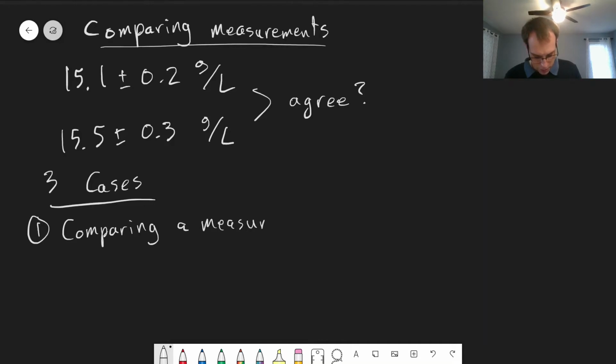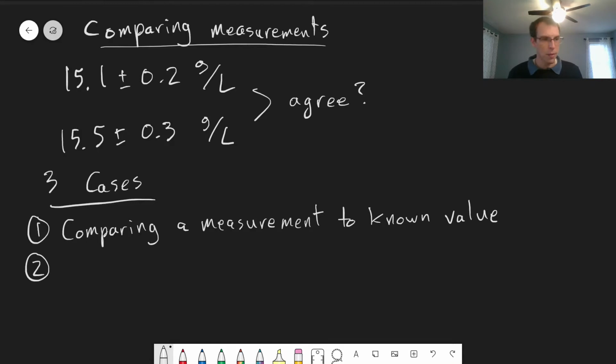You measure something where the concentration is already known from either previous measurements or it was prepared with a specific concentration. And you want to know, does your measured value agree with that?